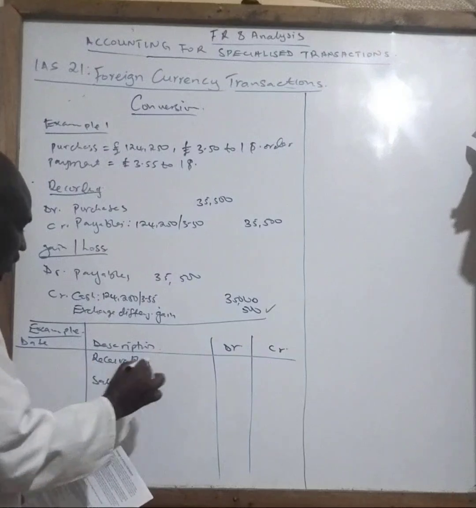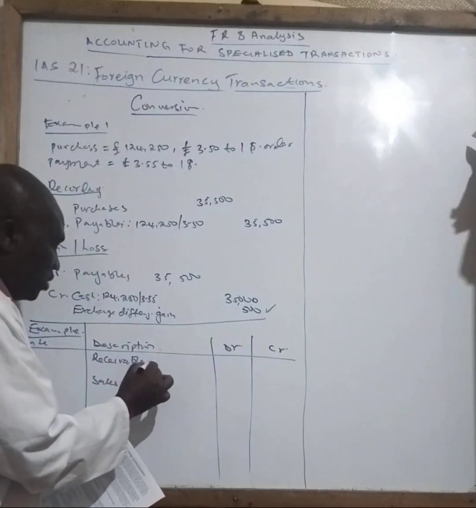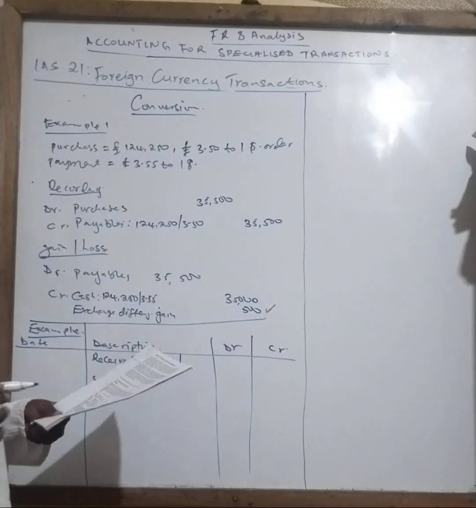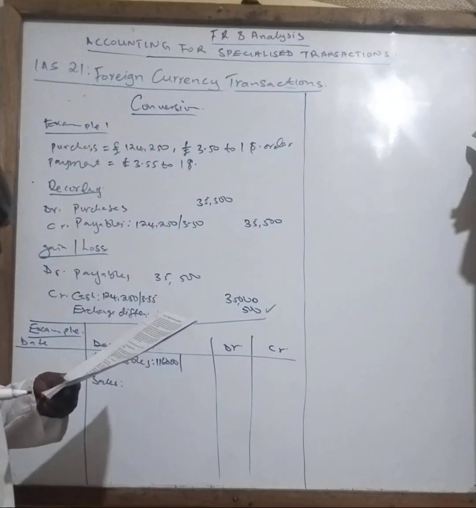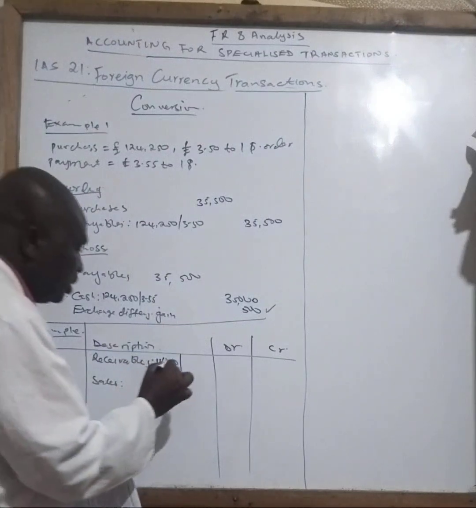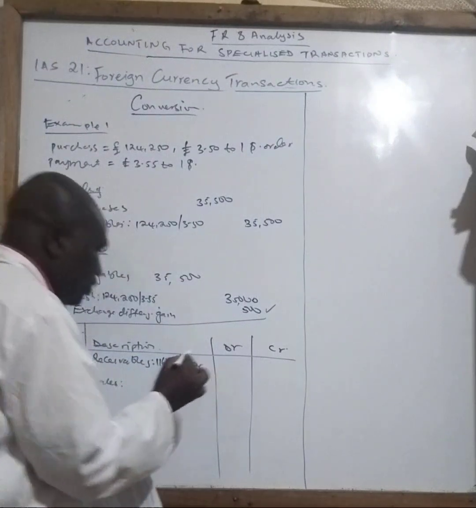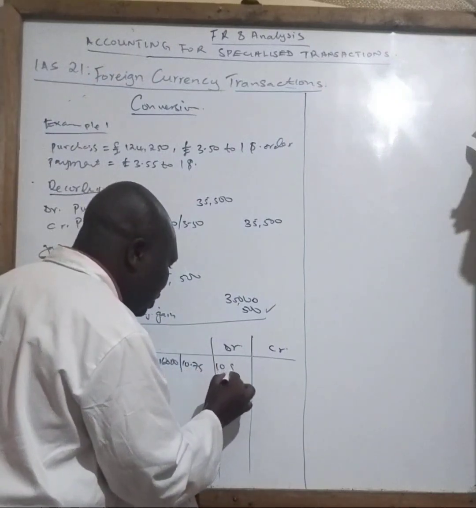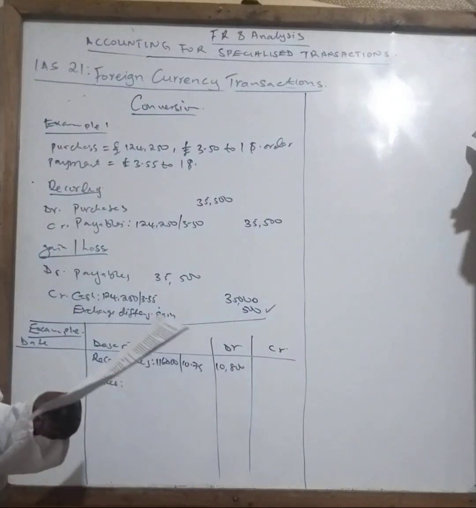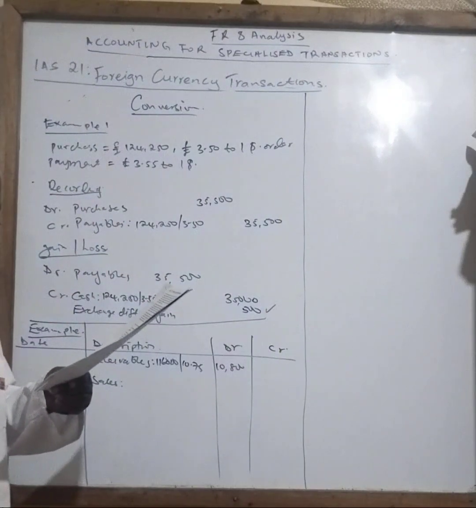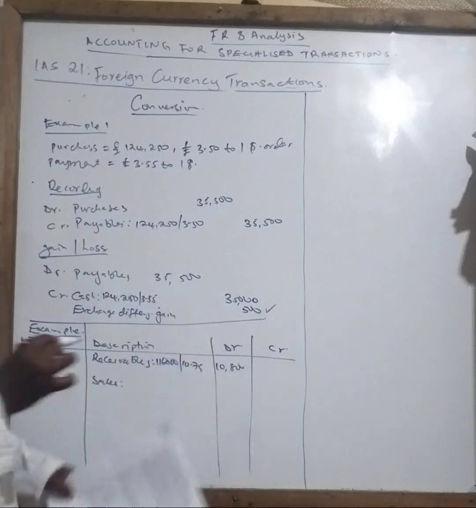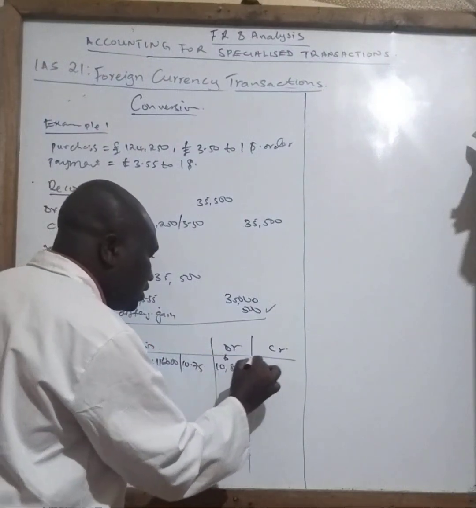Because we are dealing with the receivables here, how much was yuan? 116,000 yuan. You divide by how much was the exchange rate at the time of sale? 10.75. How much is that when you divide it? It will give you 10,800. This should be in dollars, so this one is in dollars.